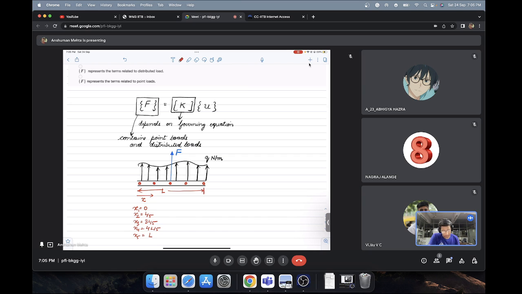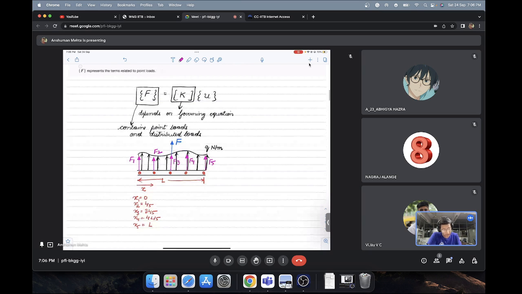So the forcing will be written as Q into, so equivalent loading I am writing in this pink color. So there will be, let's say, forcing F1, then F2, then F3, F4, and F5.